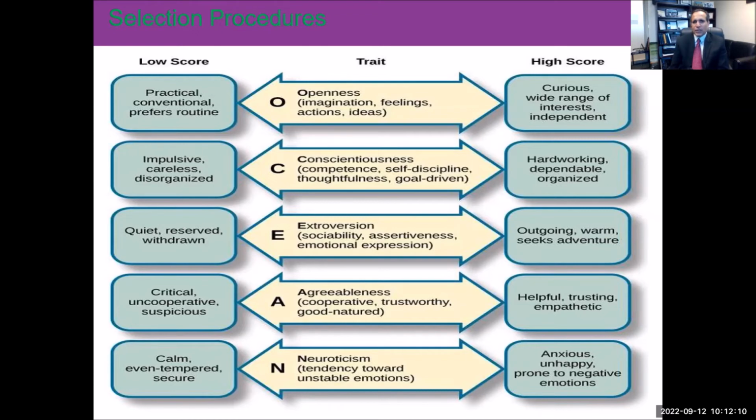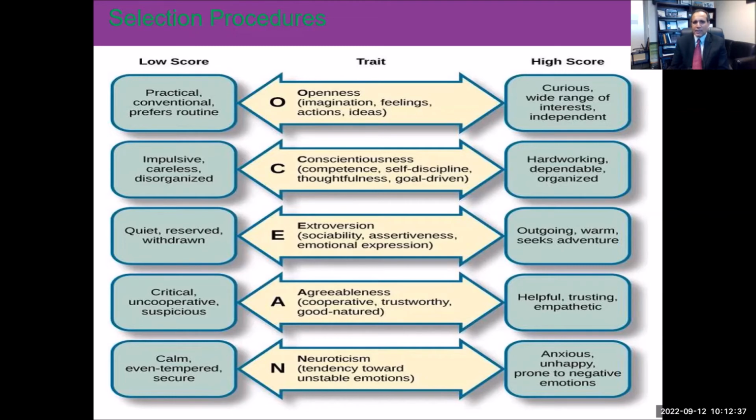So openness is associated with imagination, feelings, actions, and ideas. Conscientiousness is associated with competence, self-discipline, thoughtfulness, goal-driven. Extroversion is usually associated with sociability, assertiveness, emotional expression. And agreeableness is associated with being cooperative, trustworthy, and good-natured.